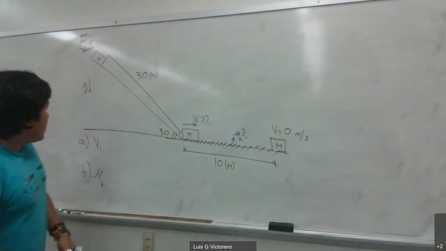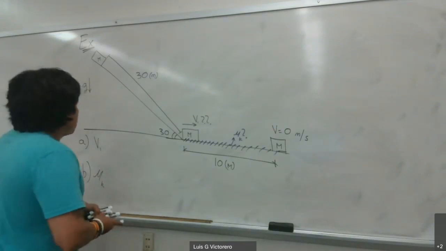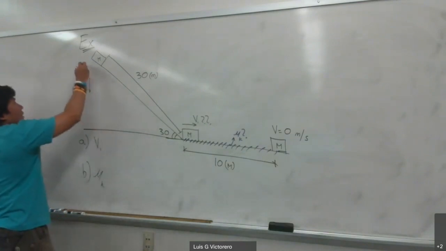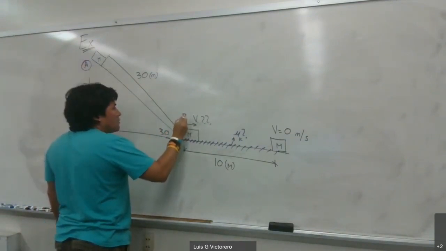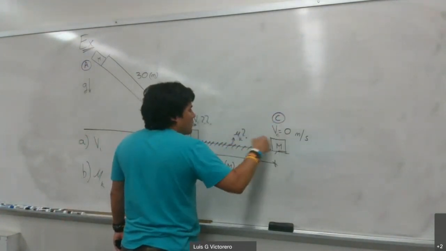With forces and kinematics, you will have quite some time in this problem because you have to find the energy, and you have to find the force and then the friction there. So to find V1, we can do it almost immediately. There are 3 positions of interest: position A, the initial position, the intermediate position B, and the final position C. So actually we say that the velocity at C is equal to 0.